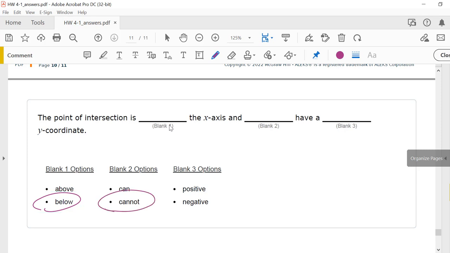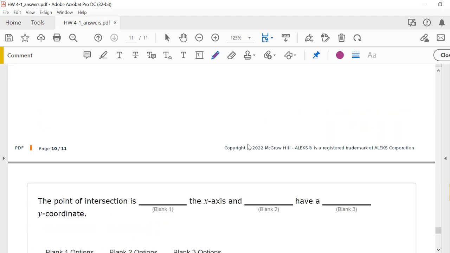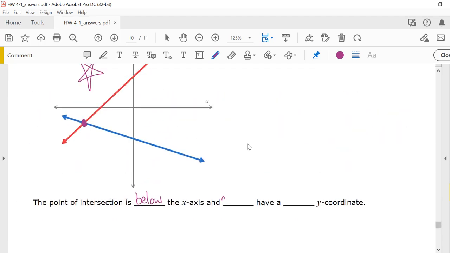It cannot have a positive y-coordinate. Because down here, the y value would have to be negative, right? So this point cannot have a positive y-coordinate. And that's it for this homework set.